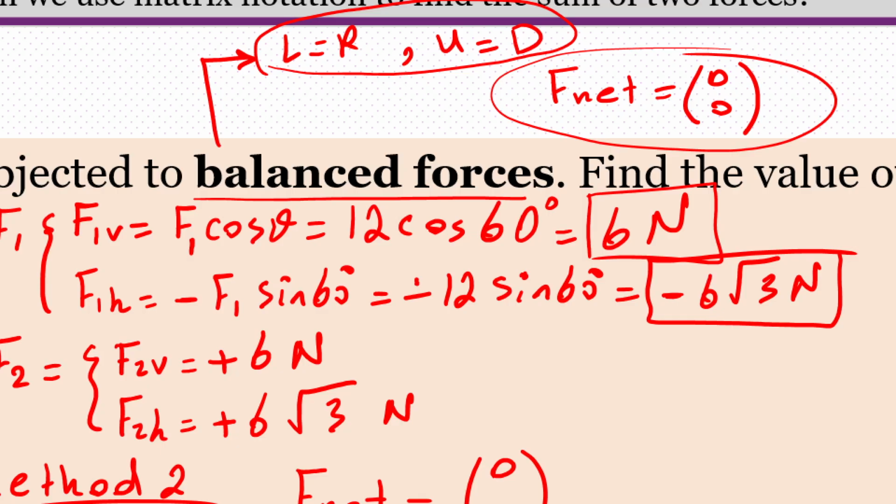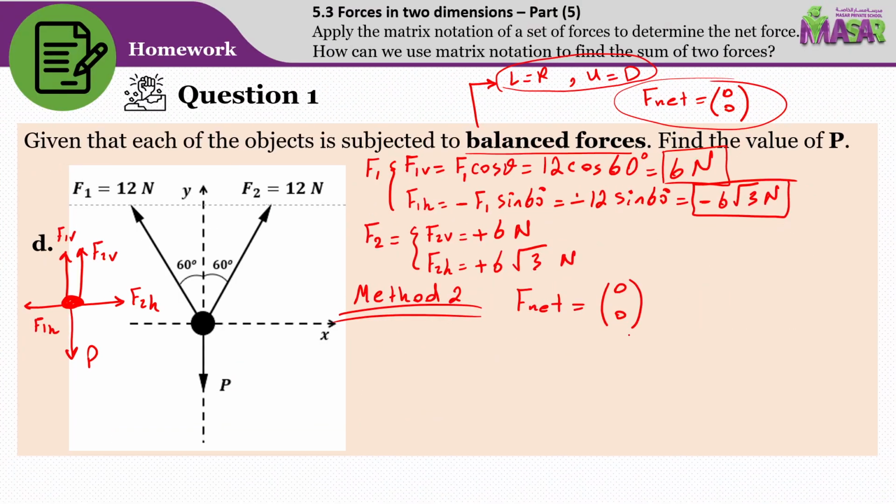In the matrix notation approach, we should keep in mind that in balanced forces, the F net will be equal to zero. So let me write that the equation should be written as F1 plus F2, and let me call P equal F3. Now for F1, we have two inputs, the vertical and the horizontal one.